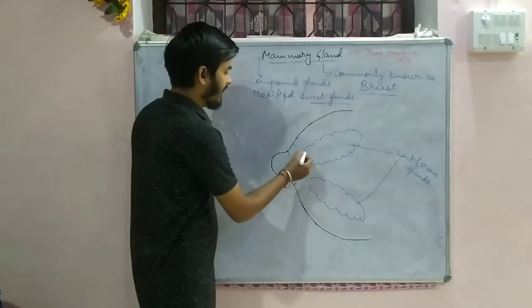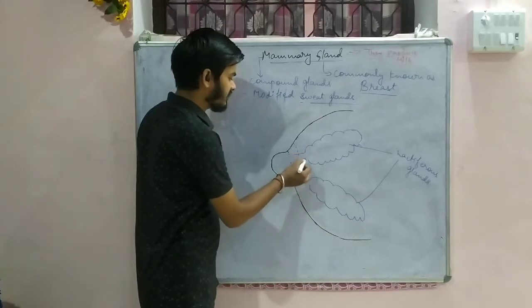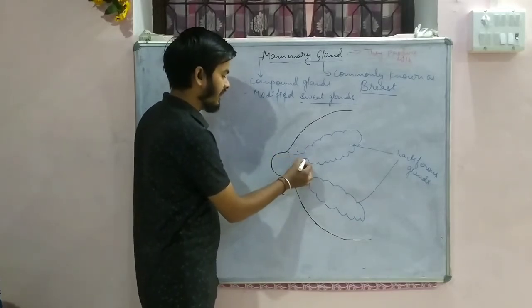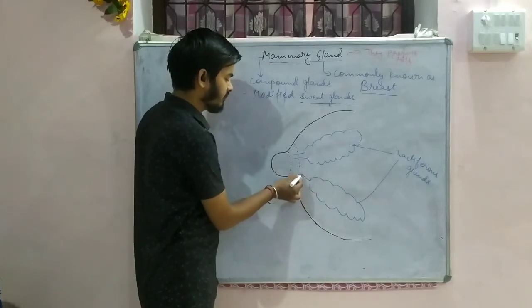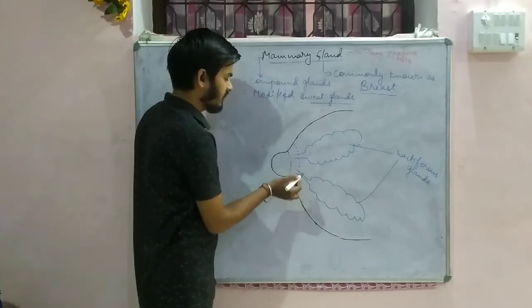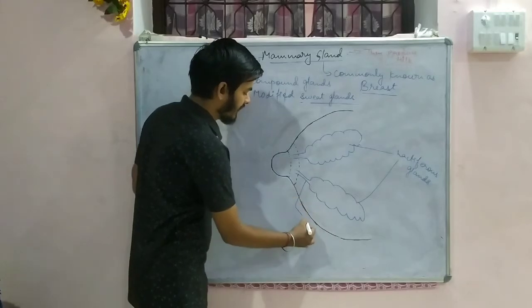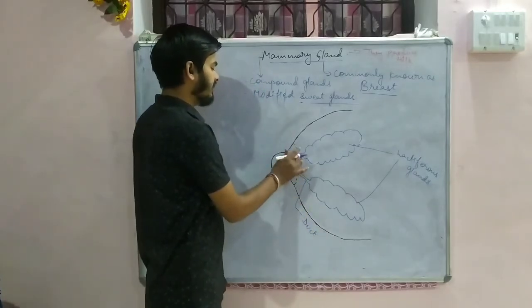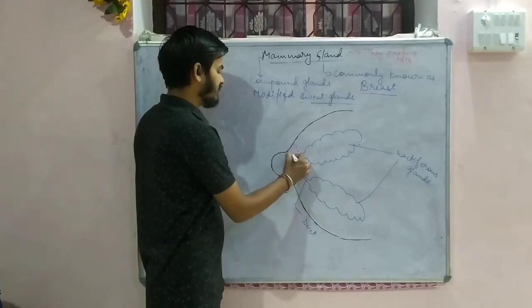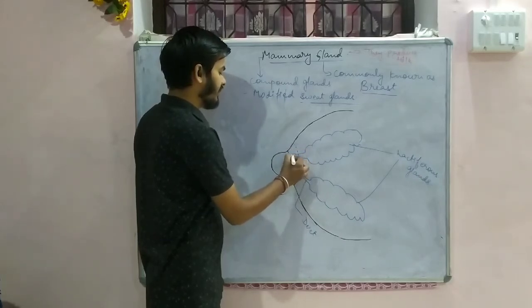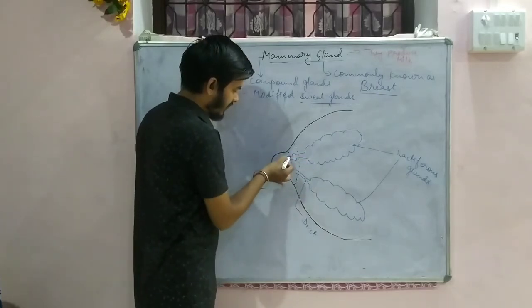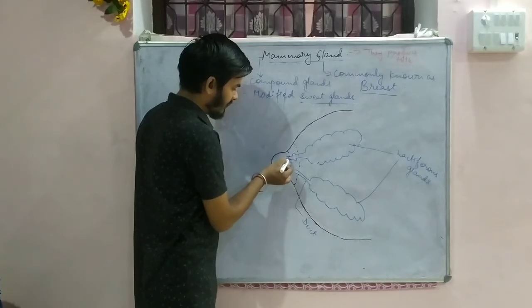Now the duct of the lactiferous gland will enter into this region. What is this region and what is this region? We will come to know. This is the duct of the lactiferous gland, and in this region there is a little bit of swelling in the duct, and this will open here like this.